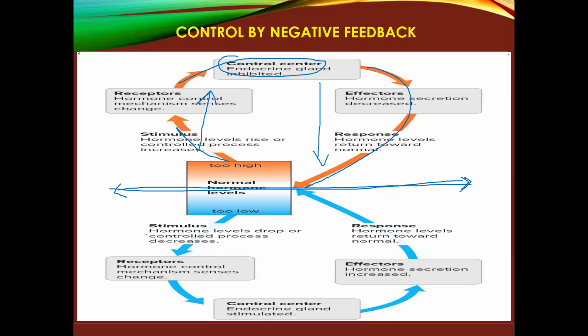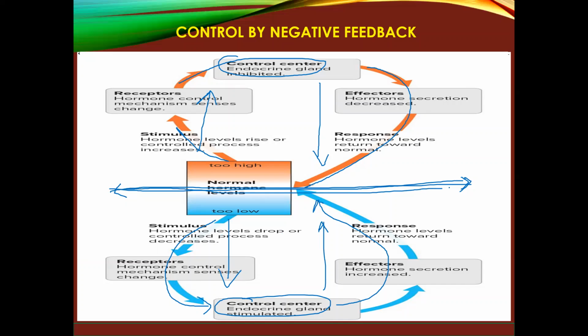The same thing if the stimulus is too low or there are too few hormones, then the control center will tell the endocrine gland to increase the number of hormones. So when the stimulus decreases, the response will increase in order to stay at the normal level over here. So this is what we call the negative feedback system.